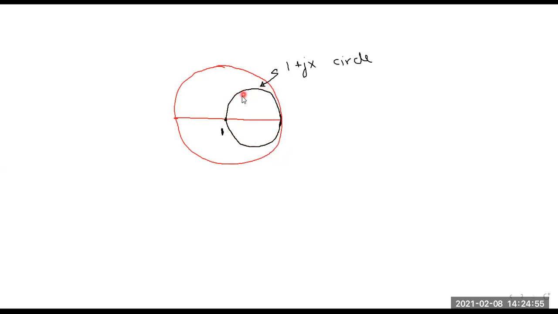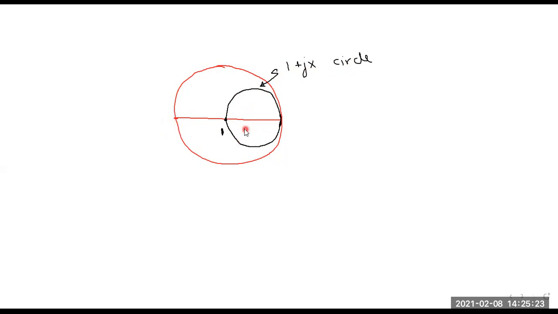If you move on this circle, r value is fixed, but x value is changing. If I am at this point, of course r is 1 and x is 0. But if you move anywhere on this circle, in this region x will be positive, and in this region the x value is negative. So x is changing. That is why this circle is known as 1 plus jx.